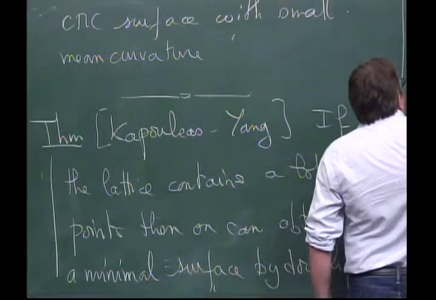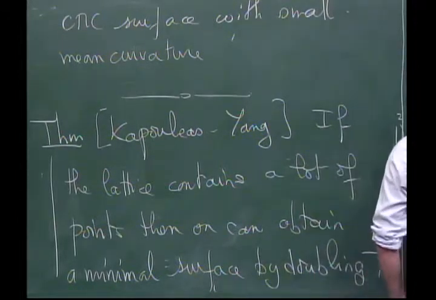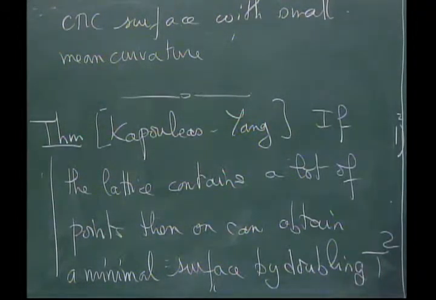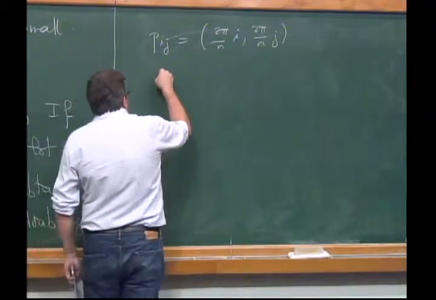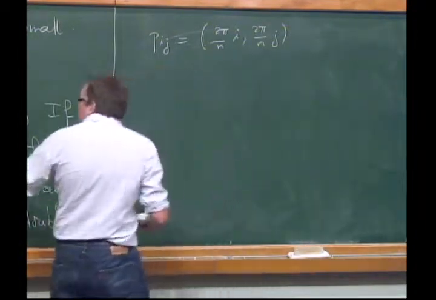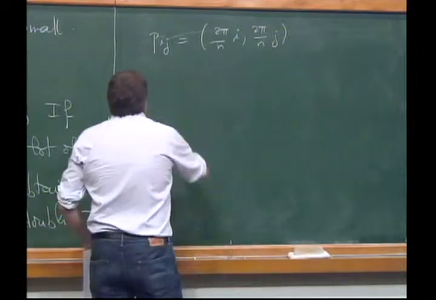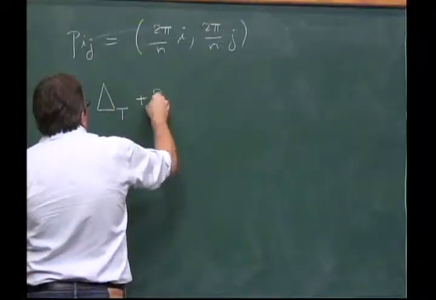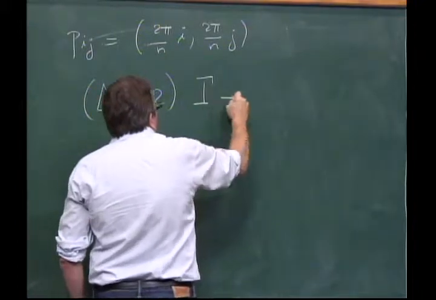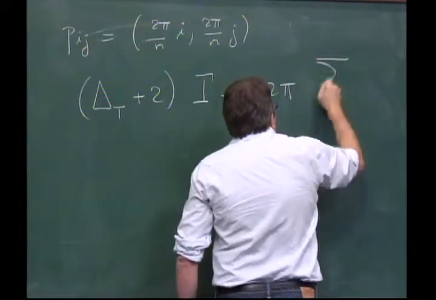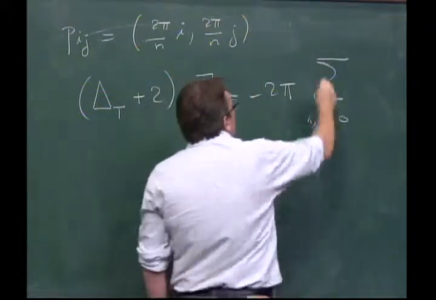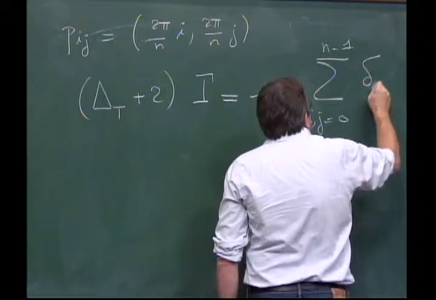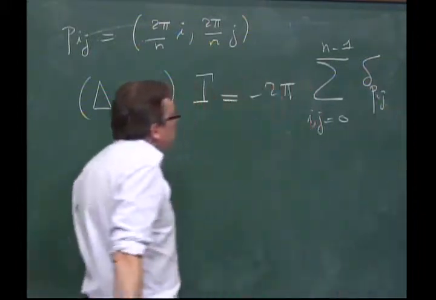P_ij will be the points of coordinates 2 pi over n times i, 2 pi over n times j, and n is a parameter. And I want to cook up Green's function for the Jacobi operator which I have there. The factor 2 doesn't matter too much. So i, j go from 0 to n minus 1, and you put Dirac masses at all the points P_ij.